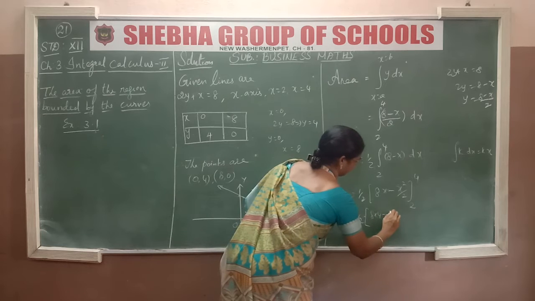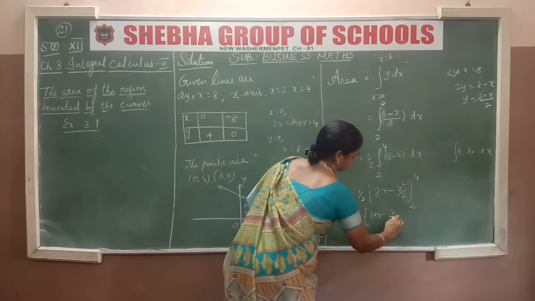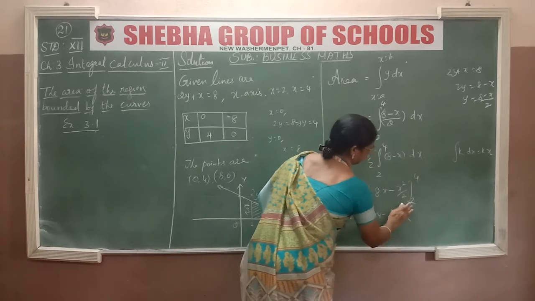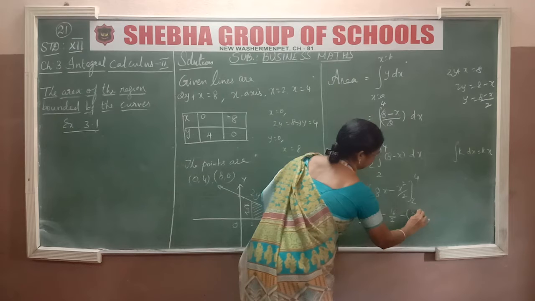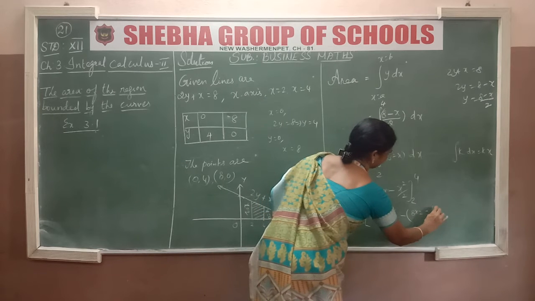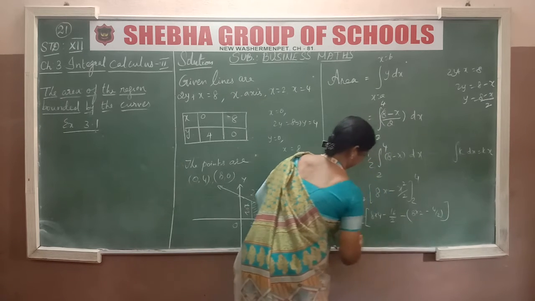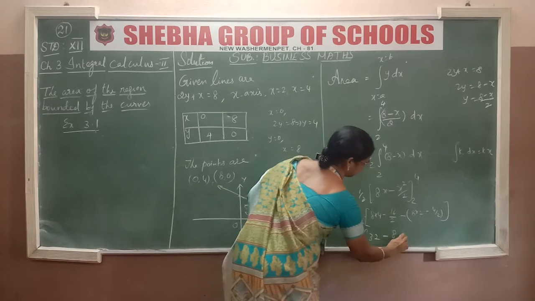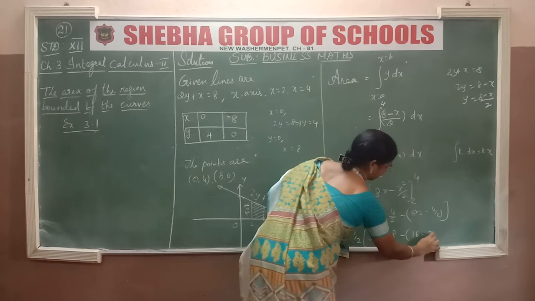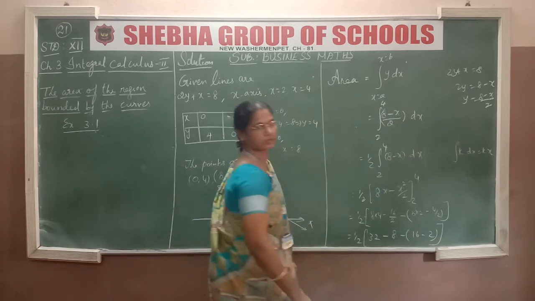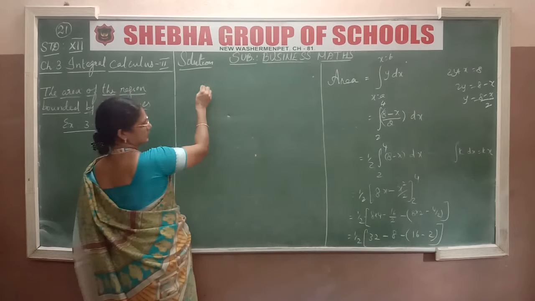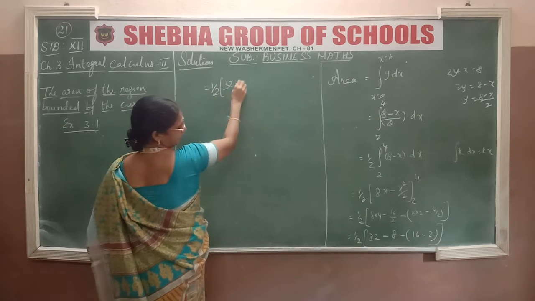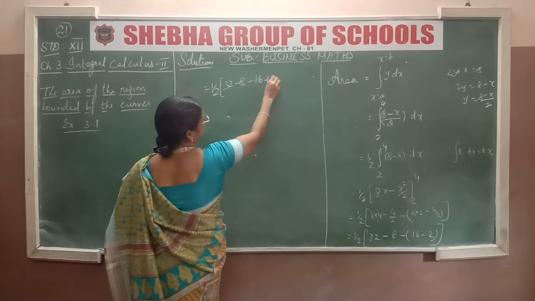4 minus 4 square, 16 by 2, minus substitute the lower limit, that is 2: 8 into 2 minus 2 square, 4 by 2. This is equal to half into 32 minus 8 minus 16 minus 2. Okay, it is equal to half into 32 minus 8 minus 16 plus 2.